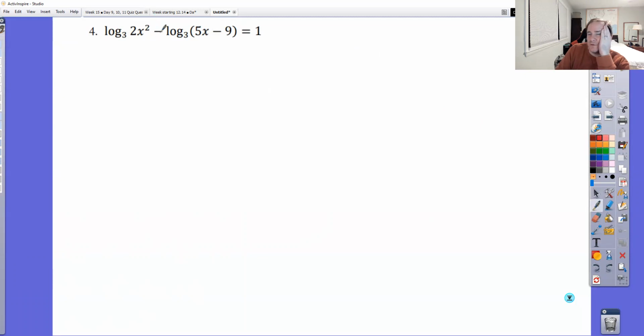Just go ahead and do the quotient, because who cares? This will become log base 3 of a 2x squared all over a 5x minus 9. It'll equal a 1. And then just convert to exponential form. This will become a 3 to the power of 1, and it'll be equal to this argument, 2x squared minus 5x minus 9.